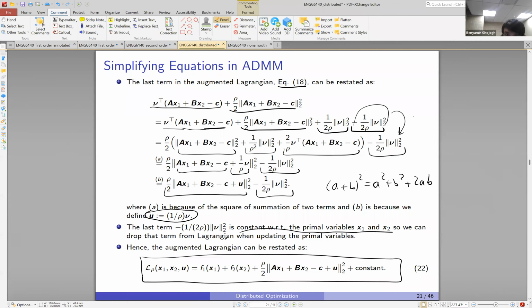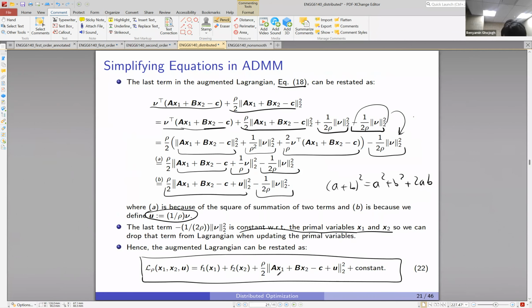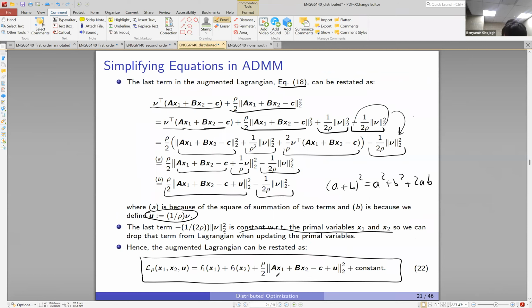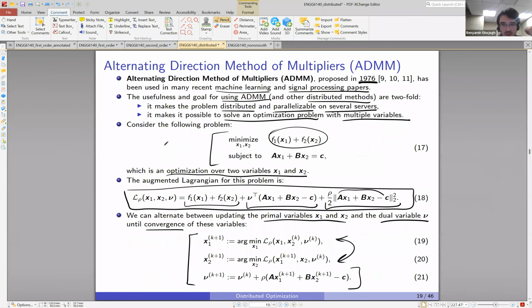Do you remember the first two terms in the augmented Lagrangian, f1 plus f2? We simplified these two terms here. I'm putting them here, and this is a constant. Now this is the augmented Lagrangian. For updating x1 and x2, again recall that we are minimizing the Lagrangian with respect to x1 and x2.